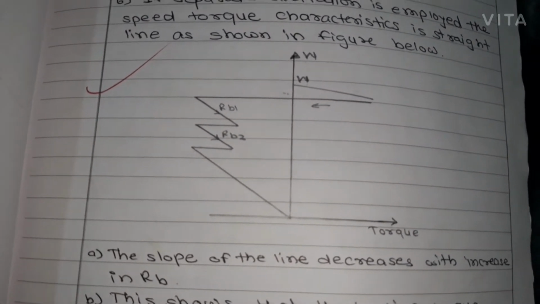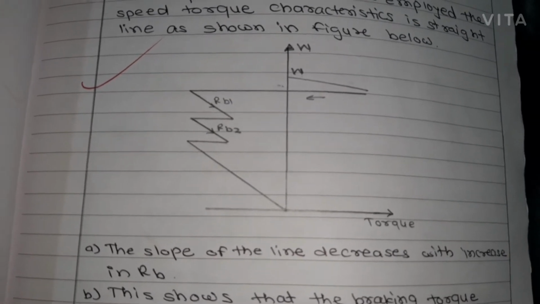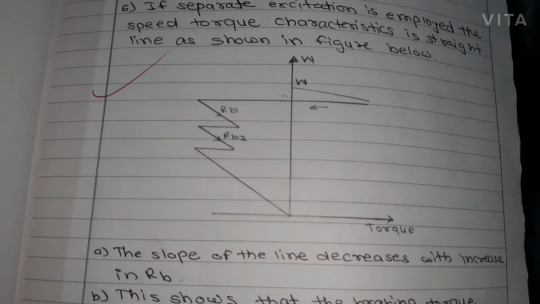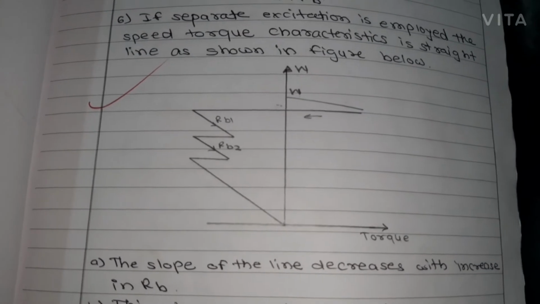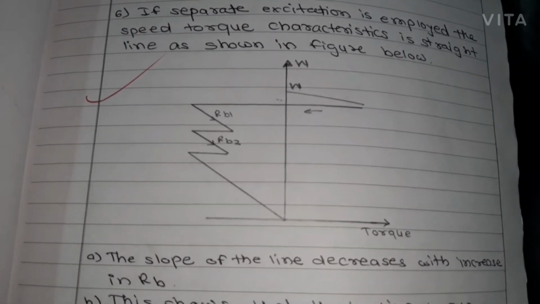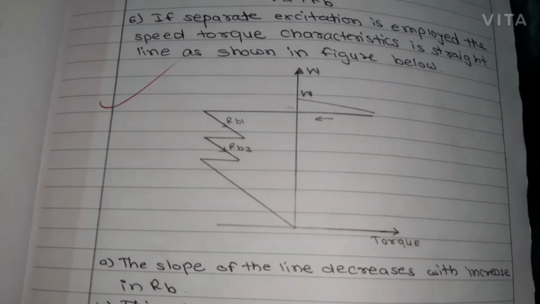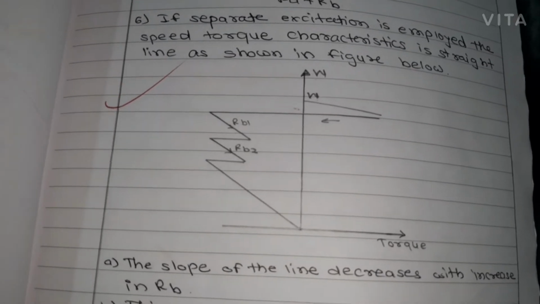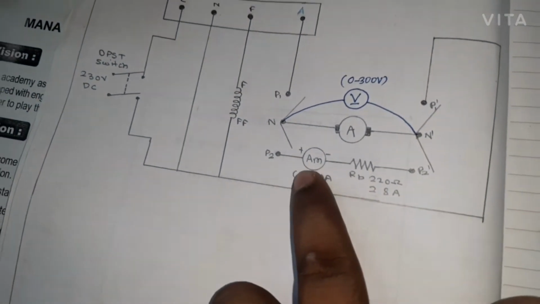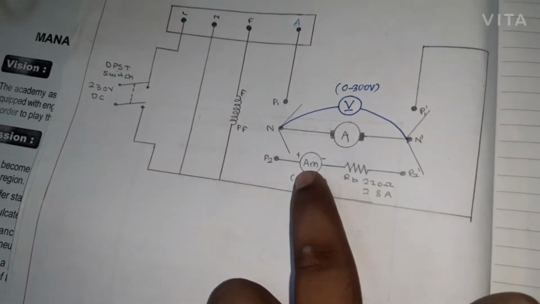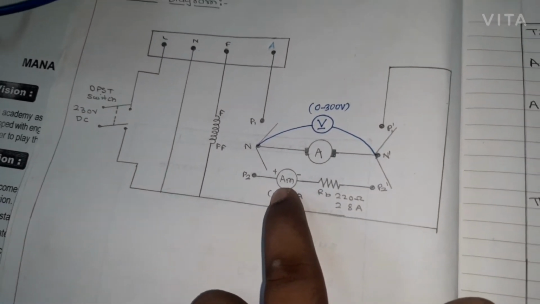Torque is proportional to current, so we can measure the armature current. When it is in the braking condition, the armature is connected to the resistor, rheostat. There is an ammeter in series with the rheostat, so we can just measure the armature current. Just multiplying it by a constant, we will get the torque.